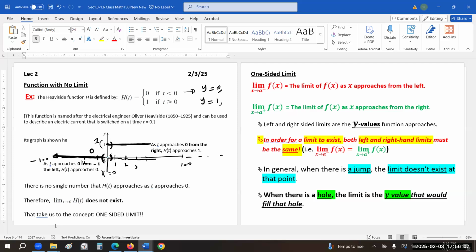So we write limit x goes to a particular number, and then we put either a plus sign or a minus sign on the top. If you put a minus sign on the top, that means you're observing the x values from the left of that number. For example, the Heaviside function.